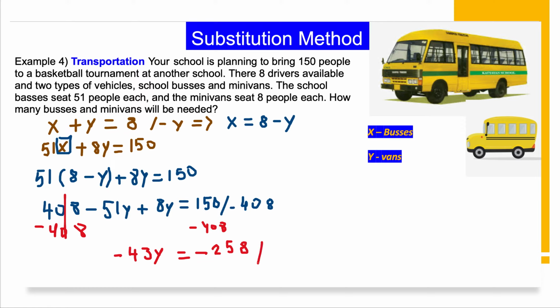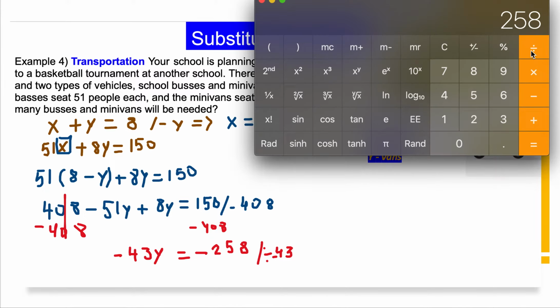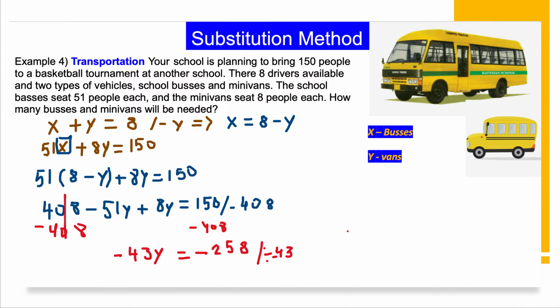Now I divide everything by minus 43. Here is a minus sign, 43. And let's see what we get. We have 258 divided by 43. We get 6. So y is equal to 6.